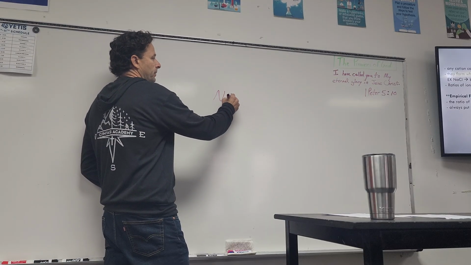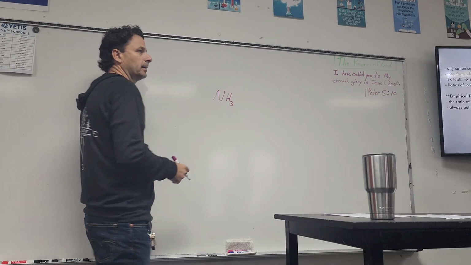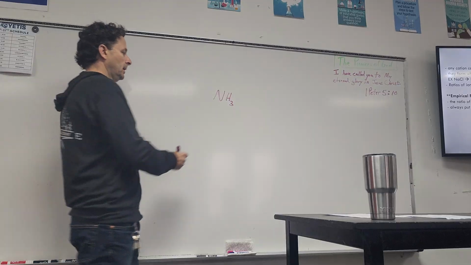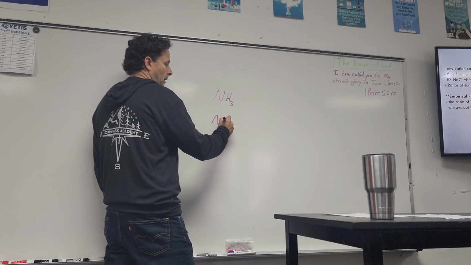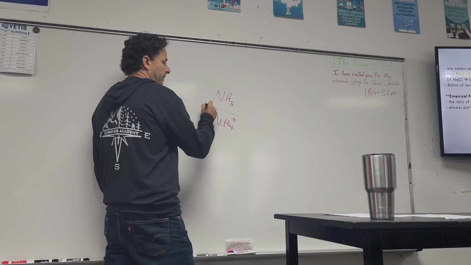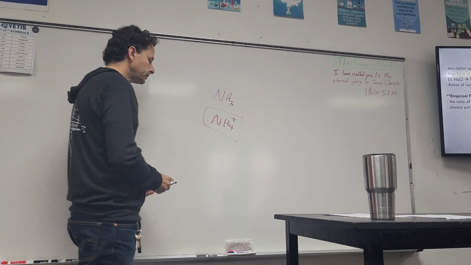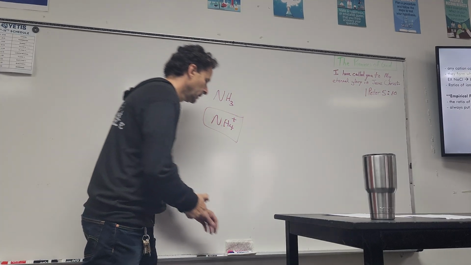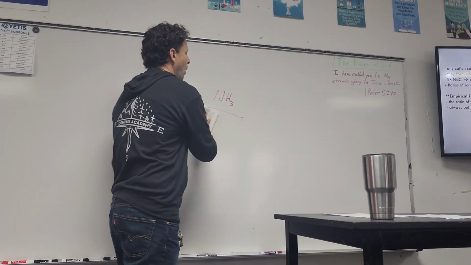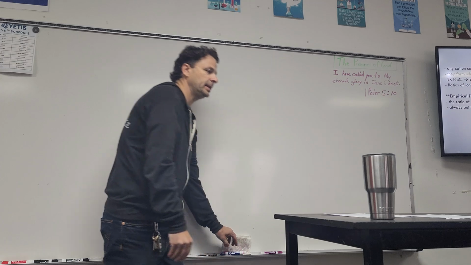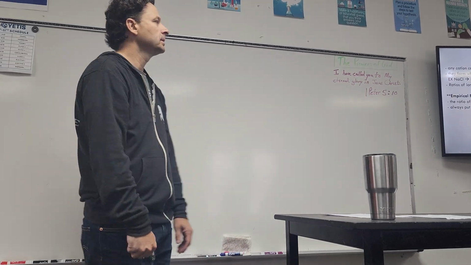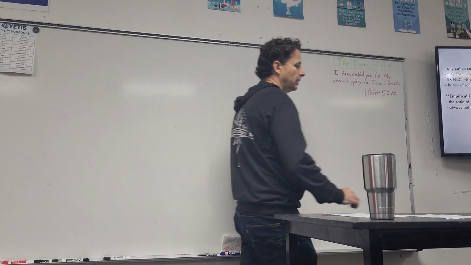Ammonia is NH3, which is not an ionic polyatomic ion. Ammonium is NH4, and it does have a charge. So only your ammonium salts are the ones you're ever going to see that don't have a metal first. Otherwise you're always going to put your metal first.